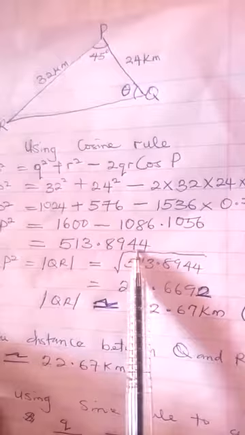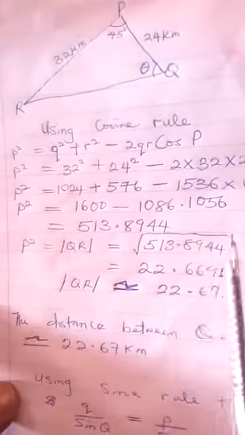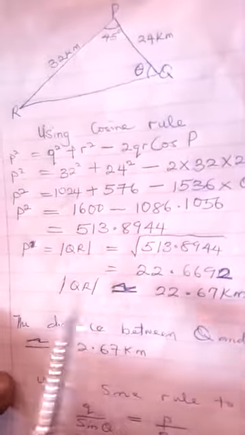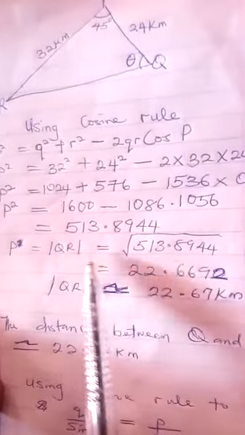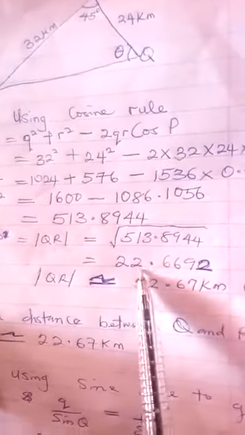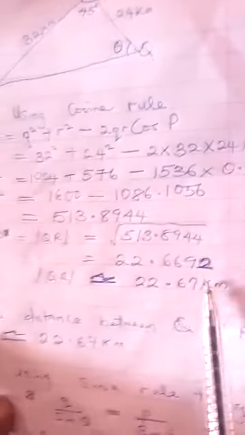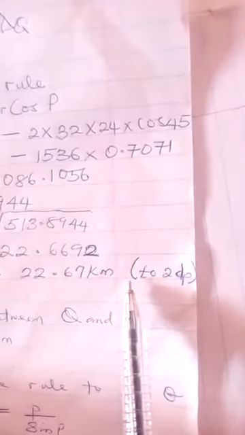So here is the conclusion. The square root of P, at this point we square root both sides, the square will go here. The square root of P, that is QR, is equal to 22.6692. But according to the question, we have to leave our answer in 2 decimal places.